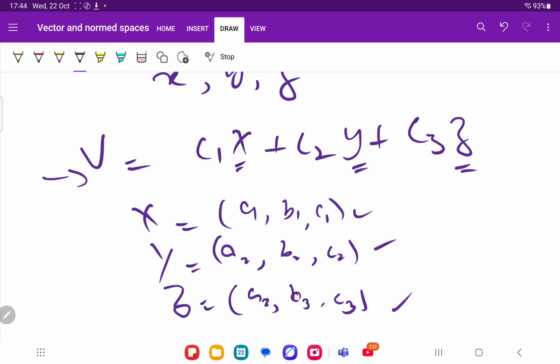That is how we write the linear combinations.